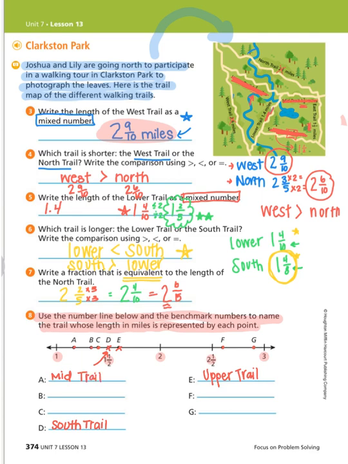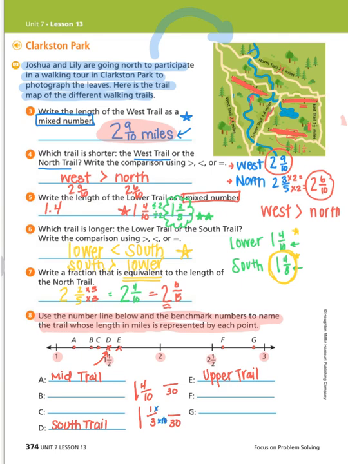Now that I've got that out of the way, I need to compare 1 and 4/10 with 1 and 1/3. Well, 3 doesn't go into 10. However, I know 3 goes into 30 and 10 goes into 30. So if I were to make a common denominator 30, what would I need to do to each of my numbers? Well, to 3, I'd have to multiply by 10.